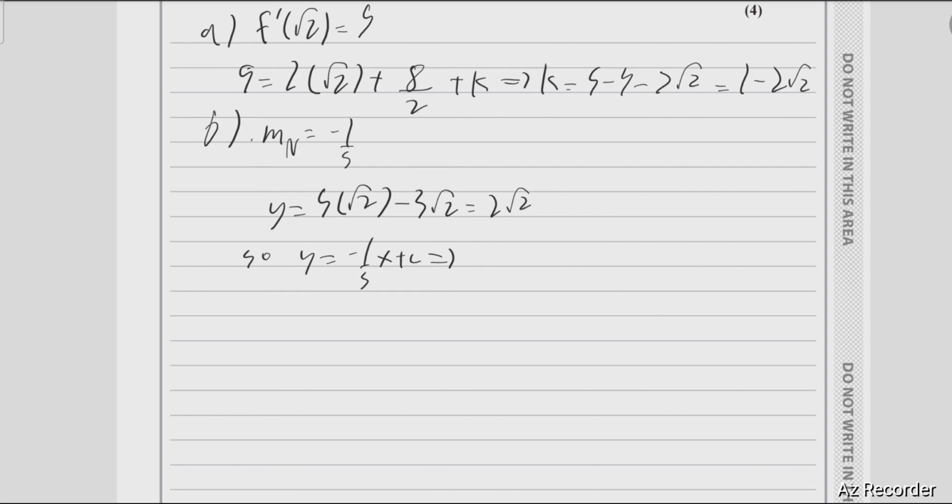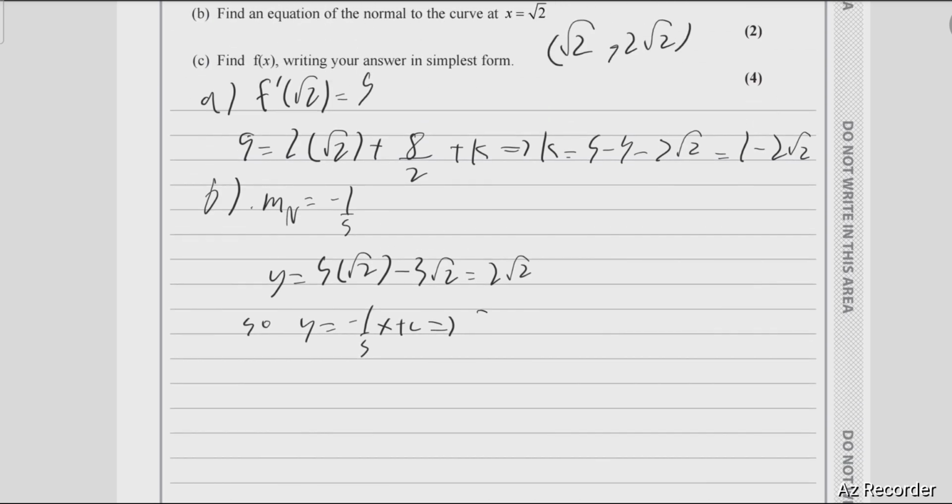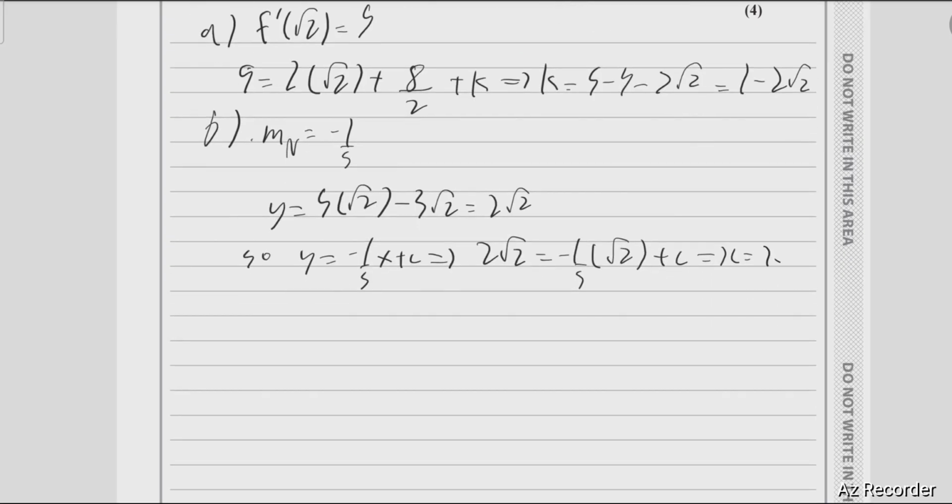Now we can substitute the point. 2 root 2 equals negative 1 over 5 root 2 plus c. c equals 2 root 2 plus root 2 over 5. c equals 11 root 2 over 5.